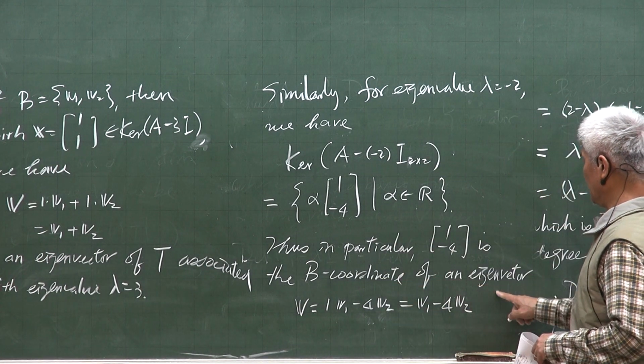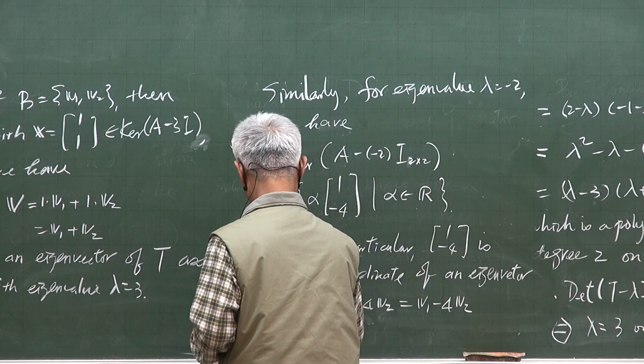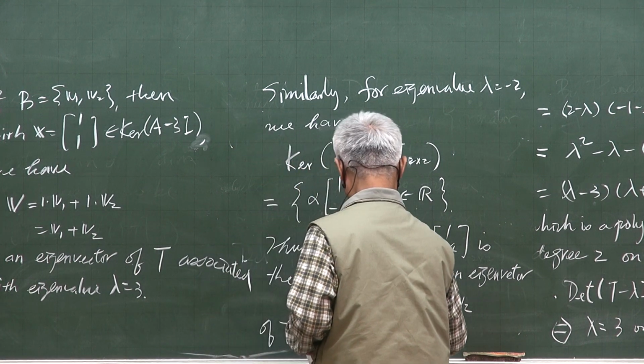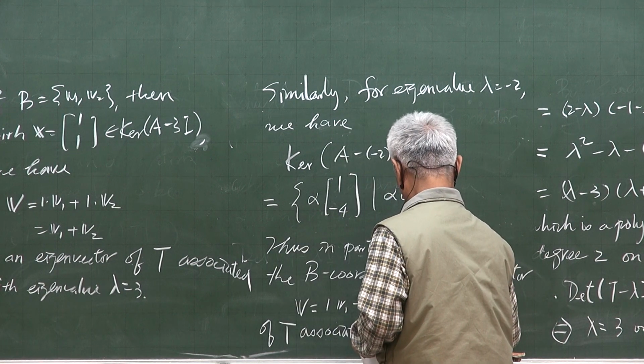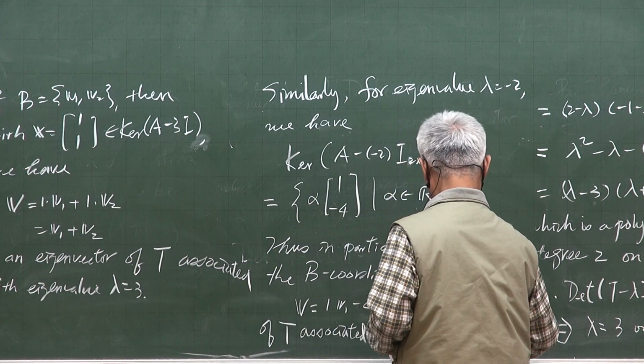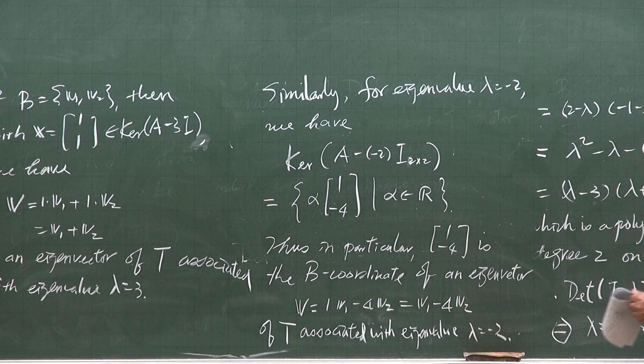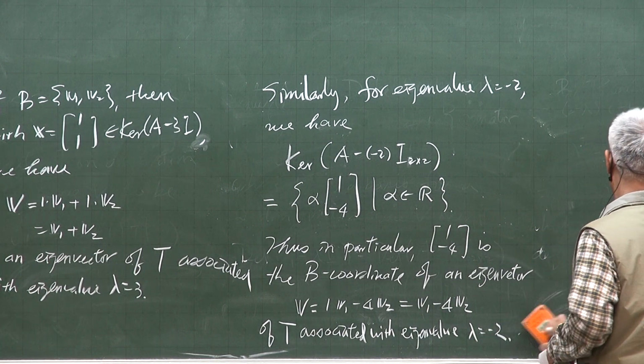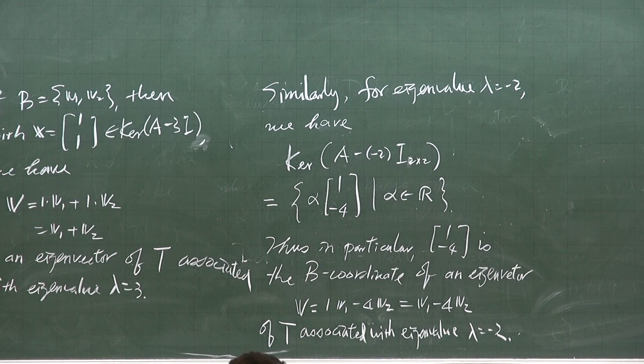So that's an eigenvector of T associated with eigenvalue equal to -2. Okay?